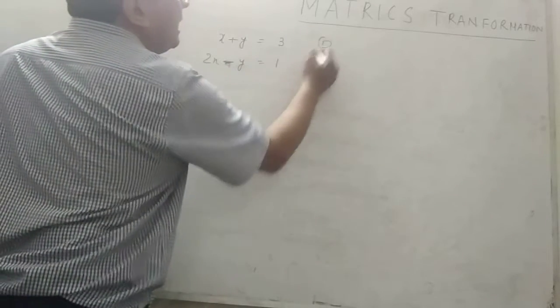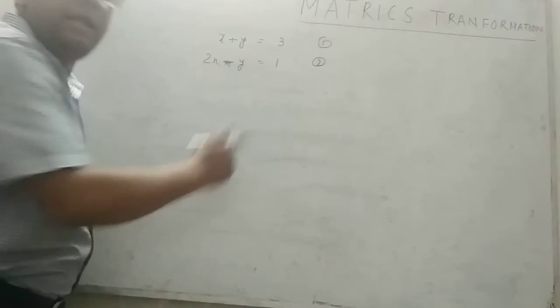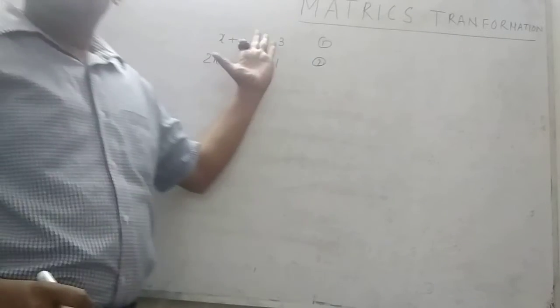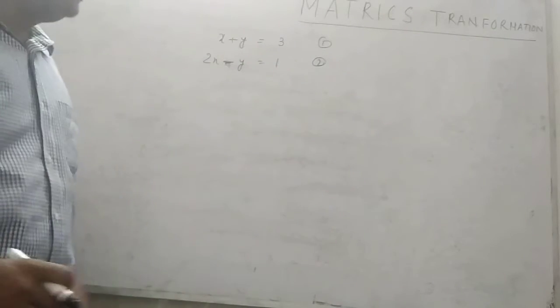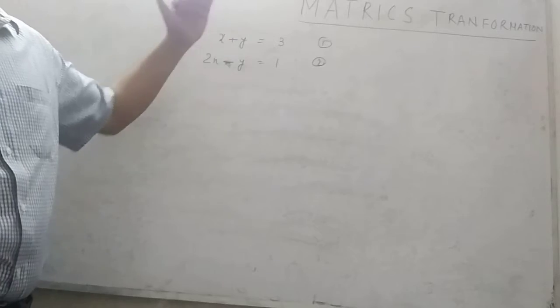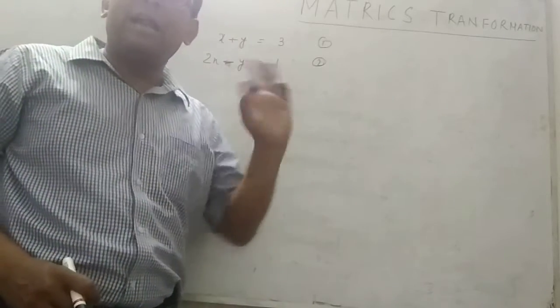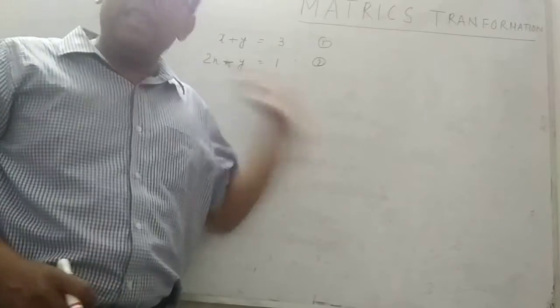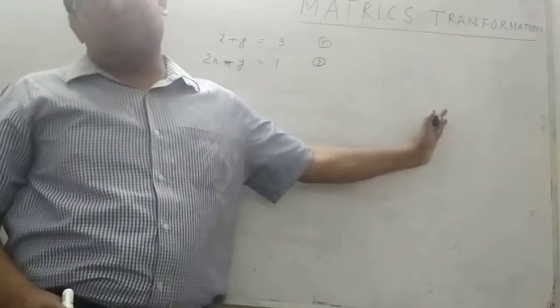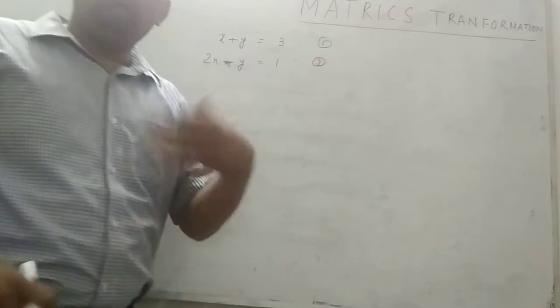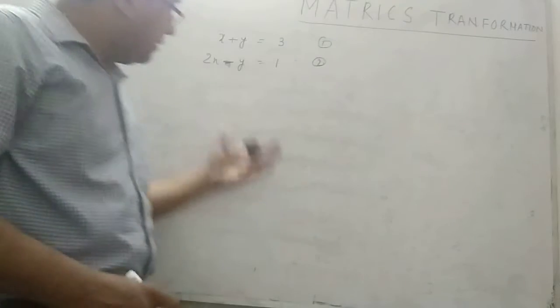My dear children, you are already habituated to solving these equations. While solving these equations, you have done some activities, and I want to reconnect those activities, which are very important in matrix transformations. Which activities have you done?